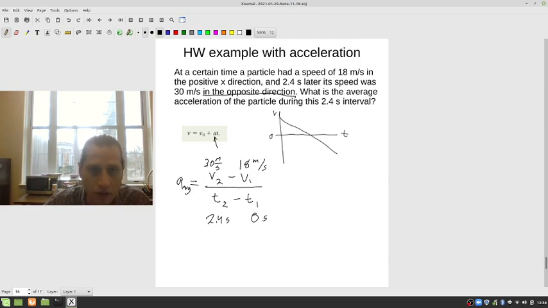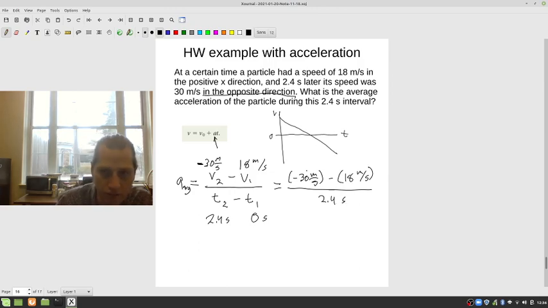Okay, so if this is a different direction, I would have to put a minus 30. So I'm going to have a minus 30 meters per second minus 18 meters per second. That's a negative over 2.4 seconds. And that'll give me the right answer, because I'll have minus this, and we'll get 48 over 2.4 meters per second squared.